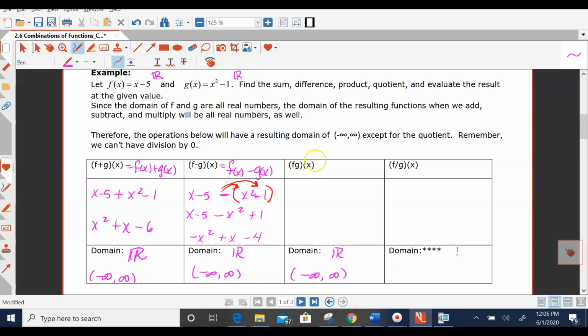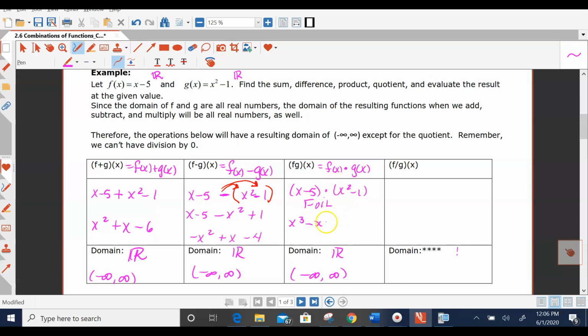This notation, f times g of x, just says to take the f function and multiply it by the g function. So I'll take x minus 5, set it in parentheses, and multiply it by x squared minus 1. And remember, this happens to be two binomials, so we'll use the FOIL method to multiply it out. So x times x squared is x cubed. x times negative 1 is negative x.